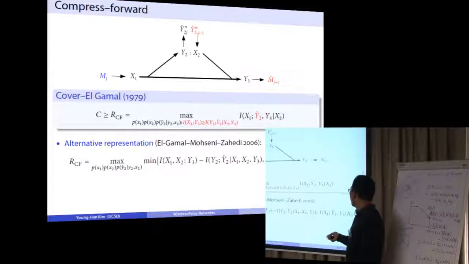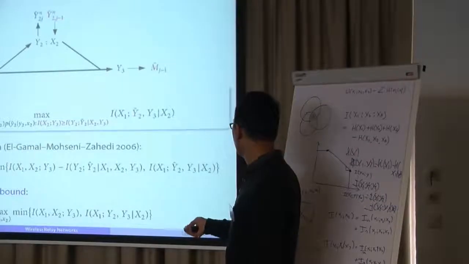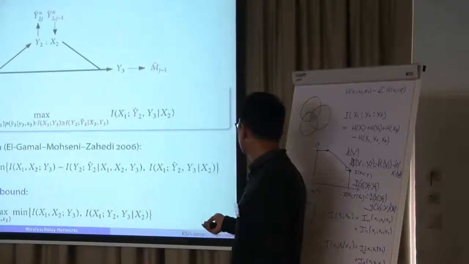Here is another way of writing the same rate that can be achieved, and this probably appeared for the first time in 2006 by the Al-Gamal group, Mohseni and Zahedi. Okay. So here they can actually maximize without any constraint, but now we have an expression that resembles the cut-set bound much better. Okay. So here is the cut-set bound for comparison.